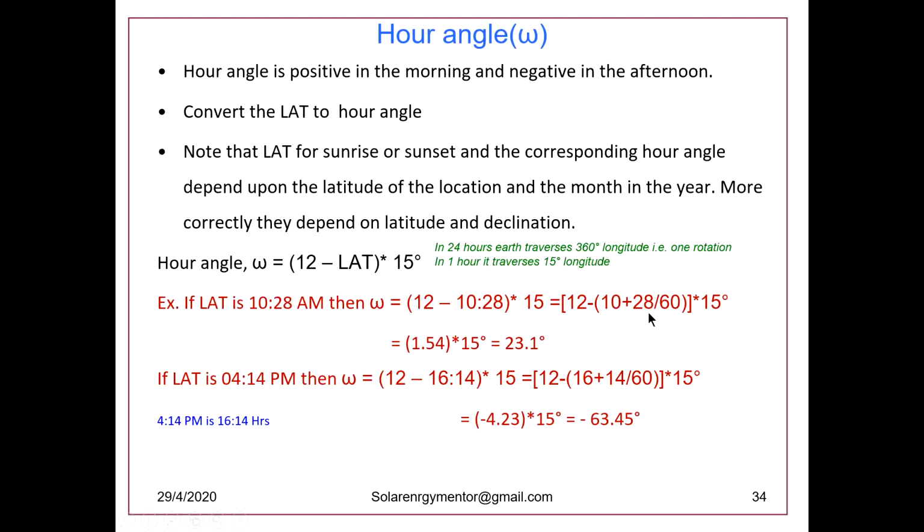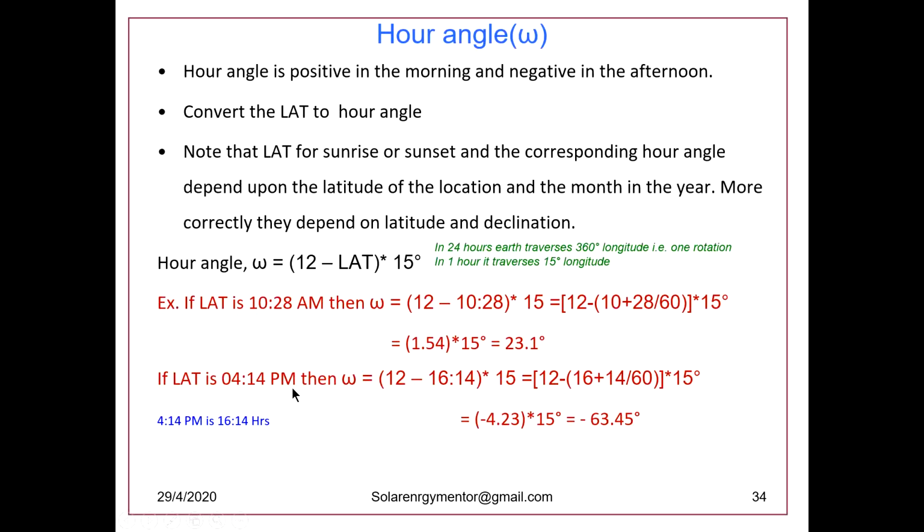If you divide 28 by 60, you will get a decimal answer. So this subtraction comes out to be 1.54, into 15, that is 23.1 degrees. So our angle is positive. It is 23.1 degrees.